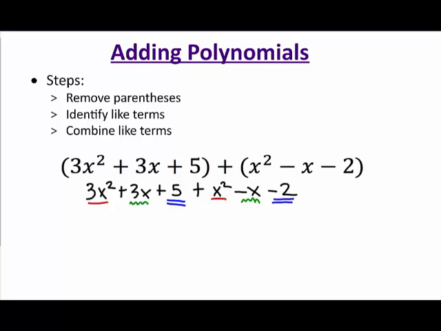So now we have to combine our like terms. I'm going to group them and combine them. So for my x squareds, I have my 3x squared and my plus x squared.